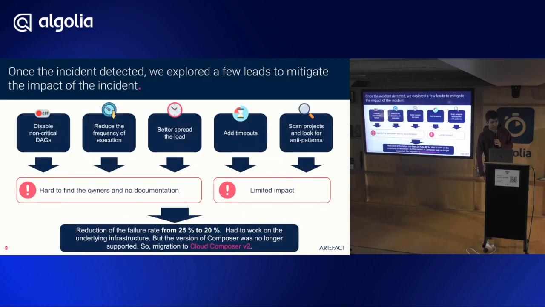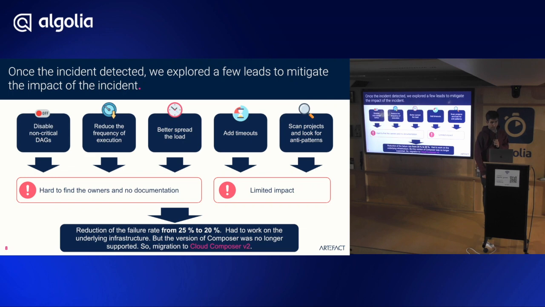The first thing we tried was to mitigate the incident. The root cause, we had time to address this, but first we wanted to mitigate with a quick fix, if possible.